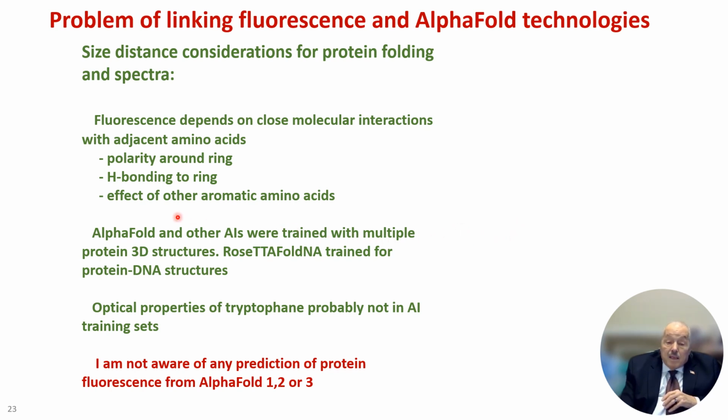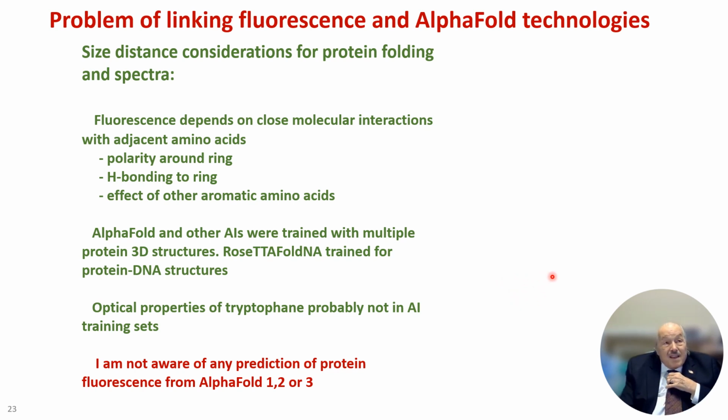All the AI programs for protein folding are made by looking at many, many protein structures that have been determined by X-ray and letting the AI figure out how to use this to predict the protein structure. So you have to have a training set of data for the AI program.